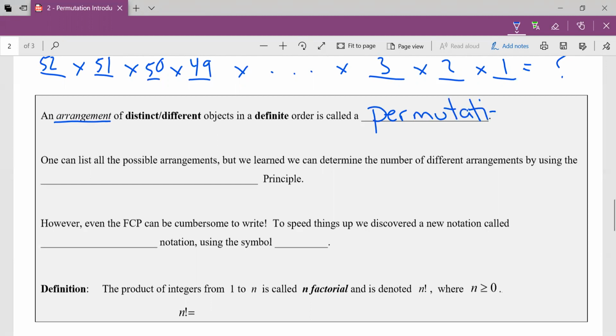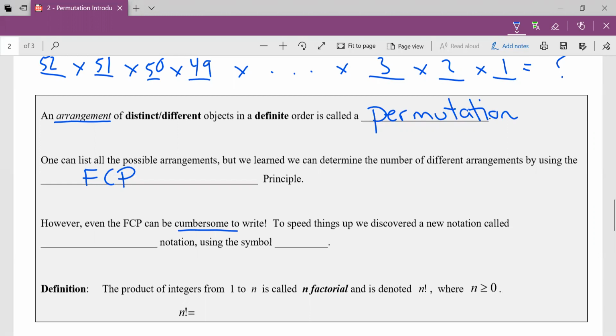So a permutation means order matters. One can list all of the possible arrangements, but we learned we can determine the number of different arrangements by using the fundamental counting principle. However, just like we just saw when arranging all 52 cards, it can be cumbersome.